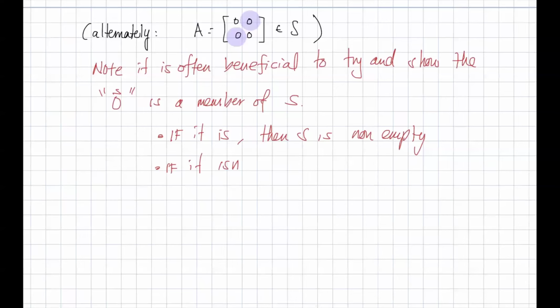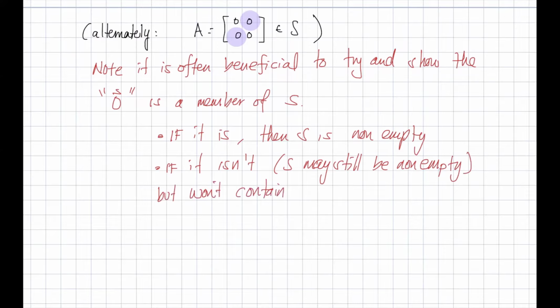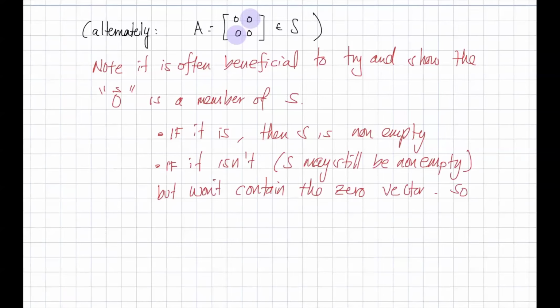If it isn't, S may still be non-empty, but it won't contain the zero vector, which means S cannot be a vector space.